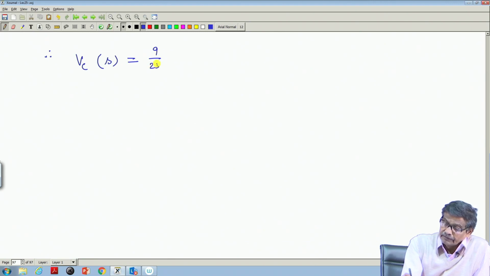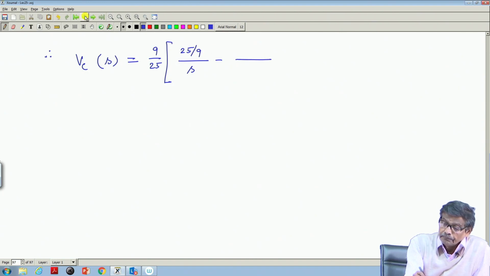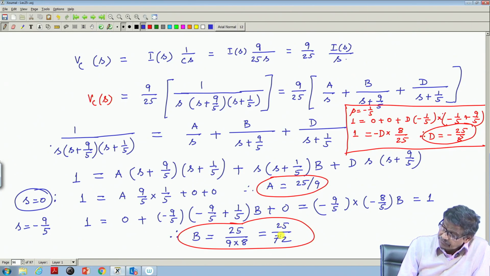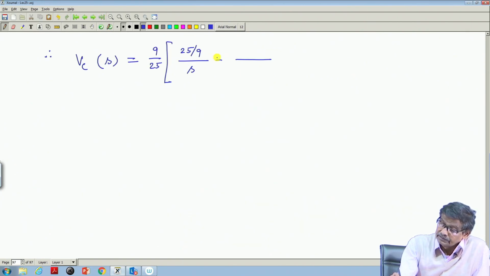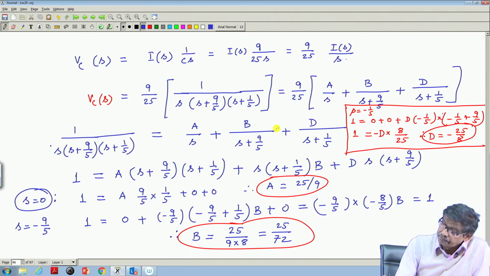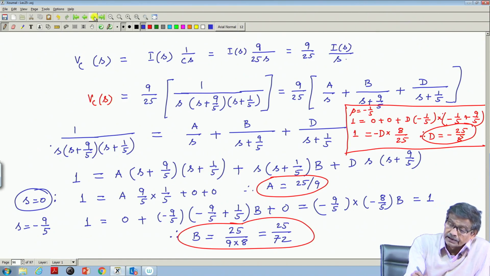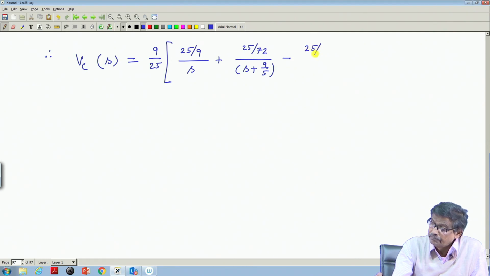Then there is a bracket: A value is 25 by 9 divided by S, plus B value, which was obtained to be 25 by 72, divided by S plus 9 by 5, and finally the value of D which was obtained to be minus 25 by 8, divided by S plus 1 by 5.